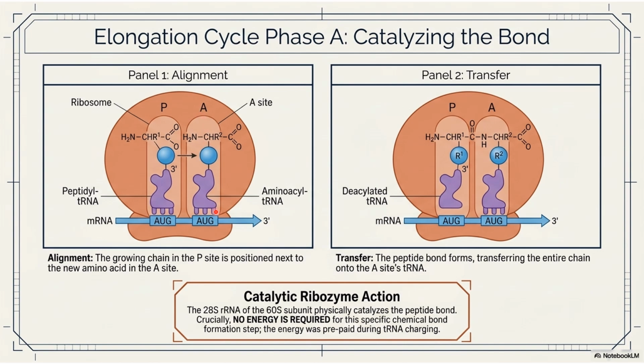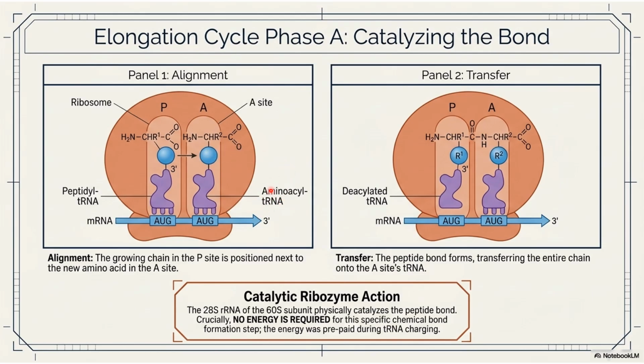So what it does, it accepts the next amino acid with the corresponding codon present here. So here one codon is there. The next codon is available in the mRNA near the acceptor site. So based on this codon, it will accept the next aminoacyl tRNA.